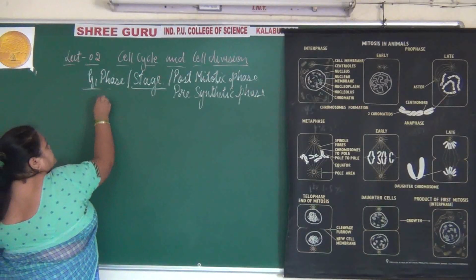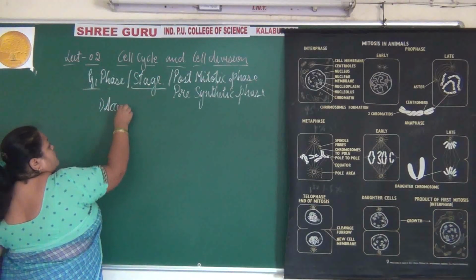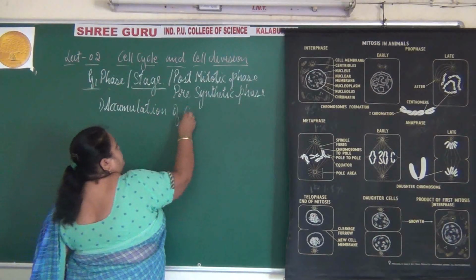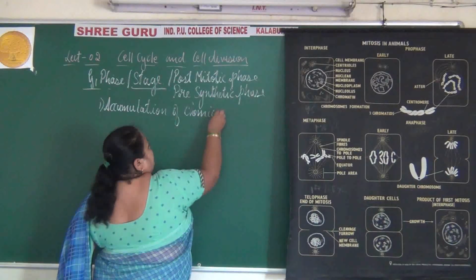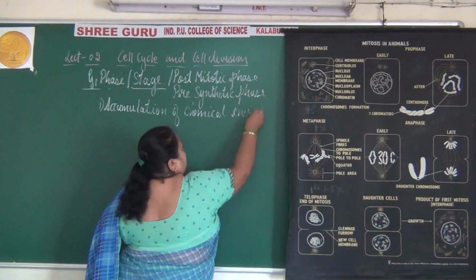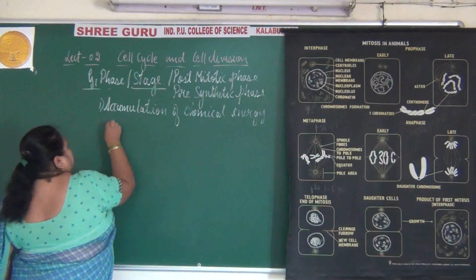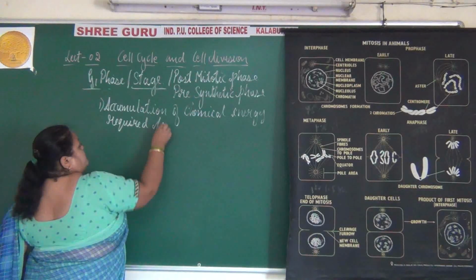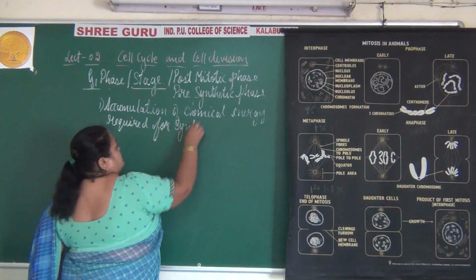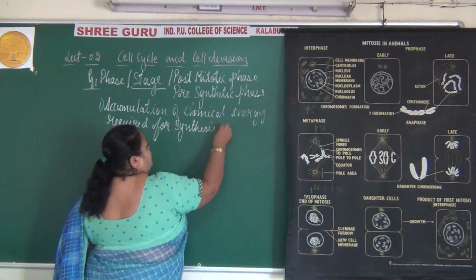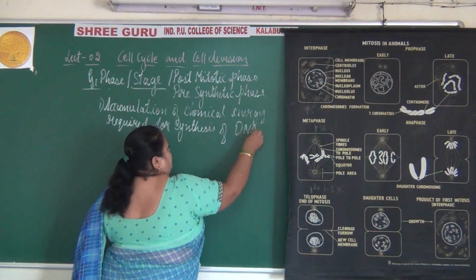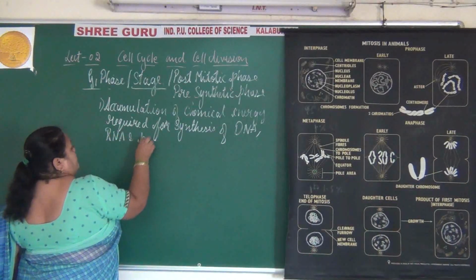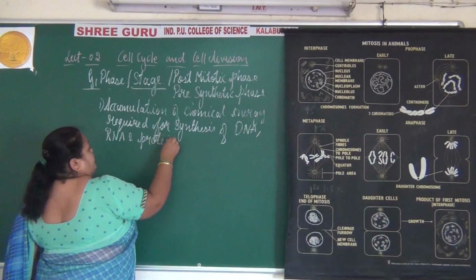So first, there is accumulation of chemical energy that is required for synthesis of DNA, RNA and proteins.